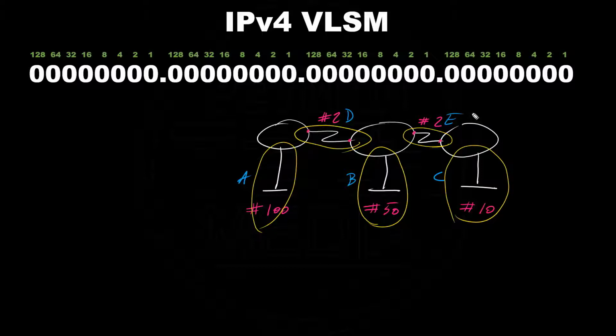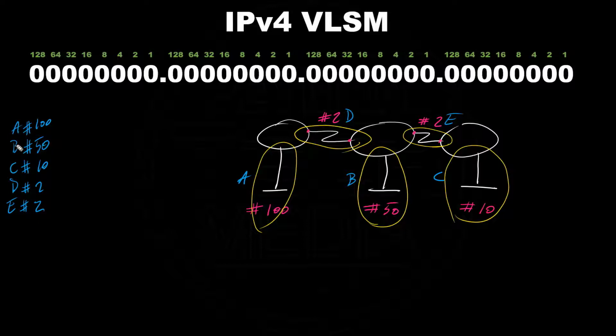So what we need to do first, we have to start with the largest network, network A. We need 100 available IP addresses. Network B, we need 50, and network C, we need only 10. Network D, 2, and network E, also 2 available.